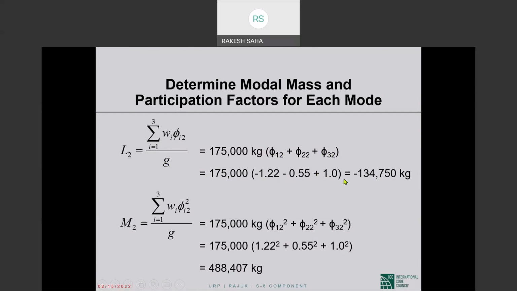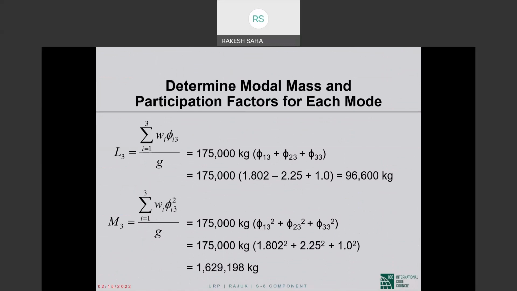For the second mode, it is the second mode shape, and the second mode shape was determined. Those are the numbers. So this is our L for the second mode. This is our M for the second mode. This is negative 135 million. This is positive 488 million. For the third mode, this is the third mode shape, the third mode shape squared.